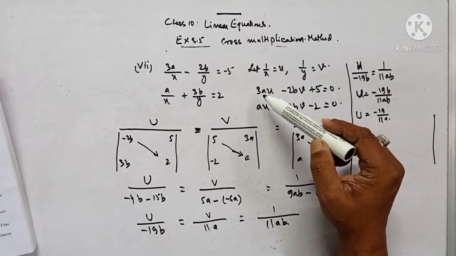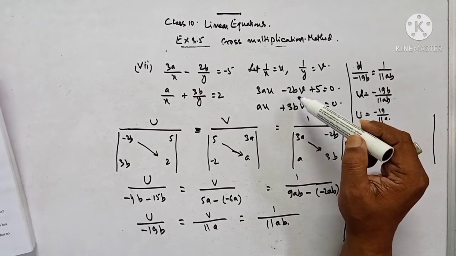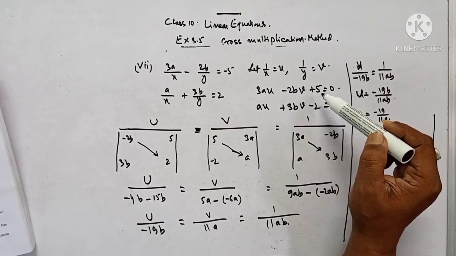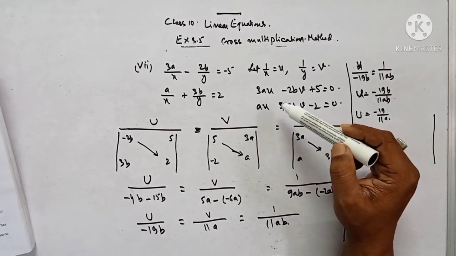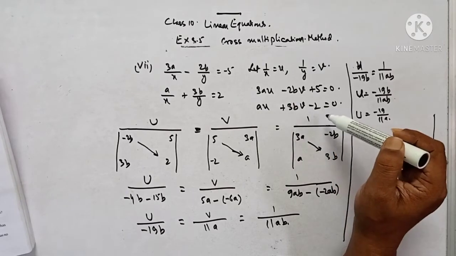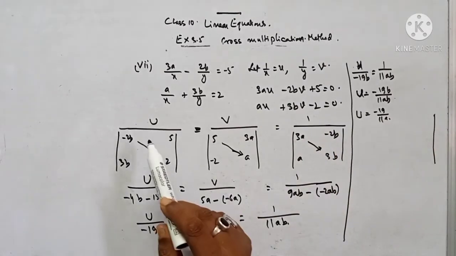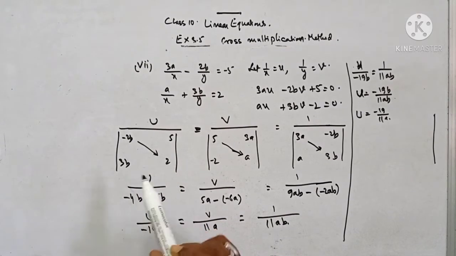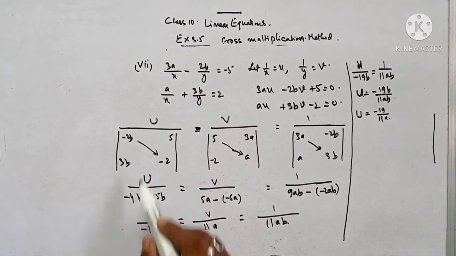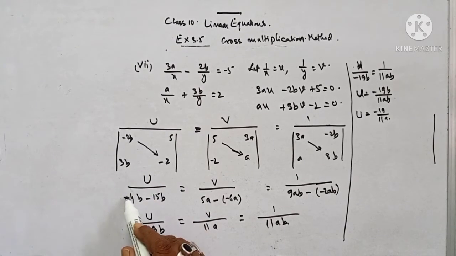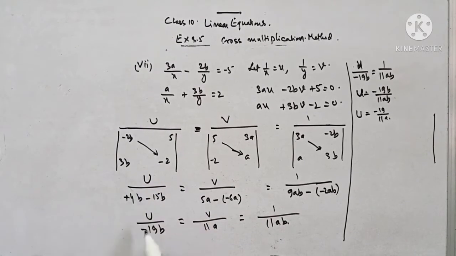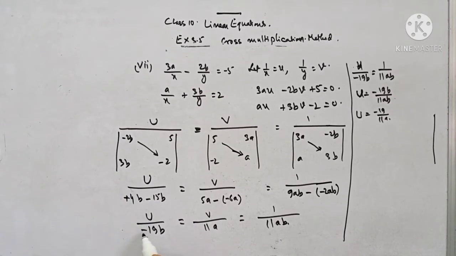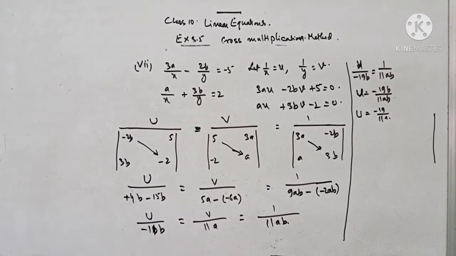So 3au minus 2b, here this is plus, au plus 3b, this is minus 2 equal to 0. So when we take u, minus 2b plus 3b, 5, oh, this is minus 2. So this will be plus 4, therefore this will be minus 11.